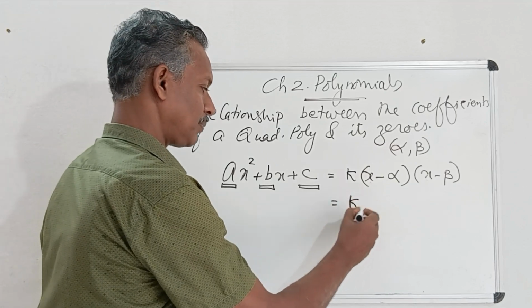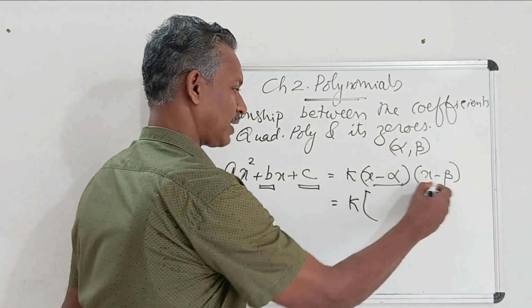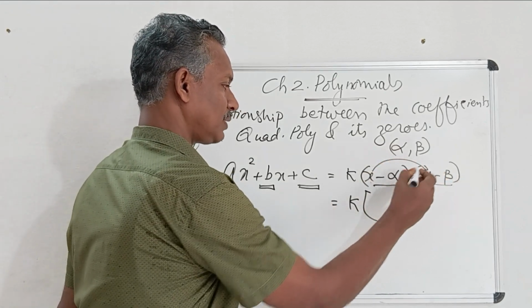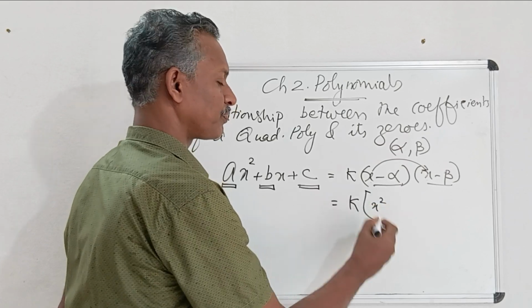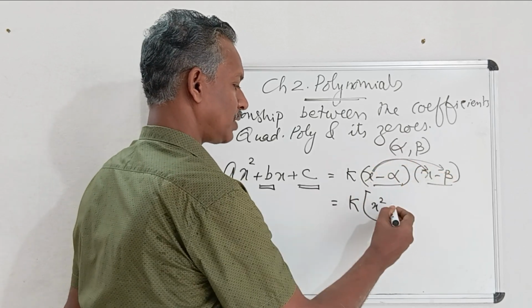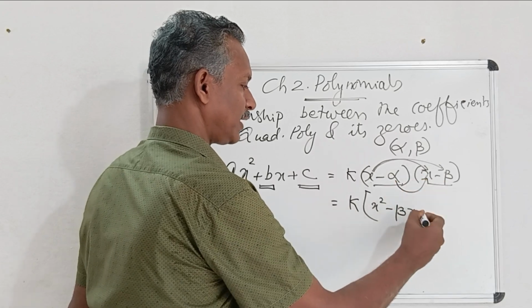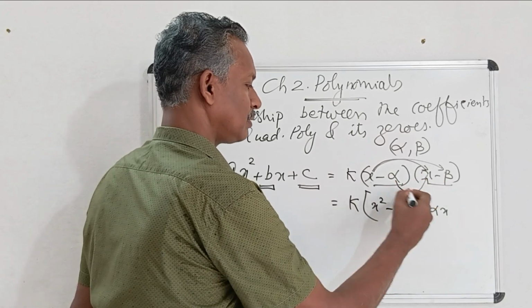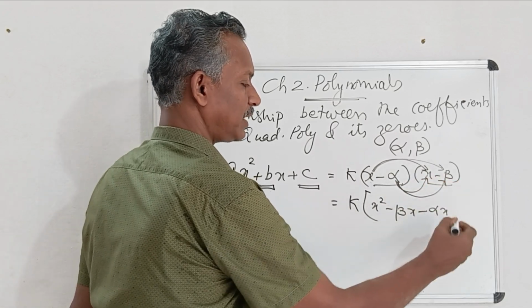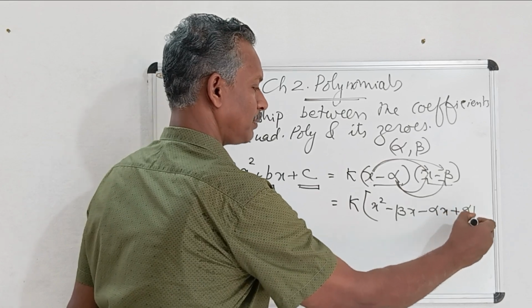First we can multiply these two brackets. x into x is x square. x into minus beta is minus beta x, minus alpha into x is minus alpha x, minus alpha into minus beta is plus alpha beta.